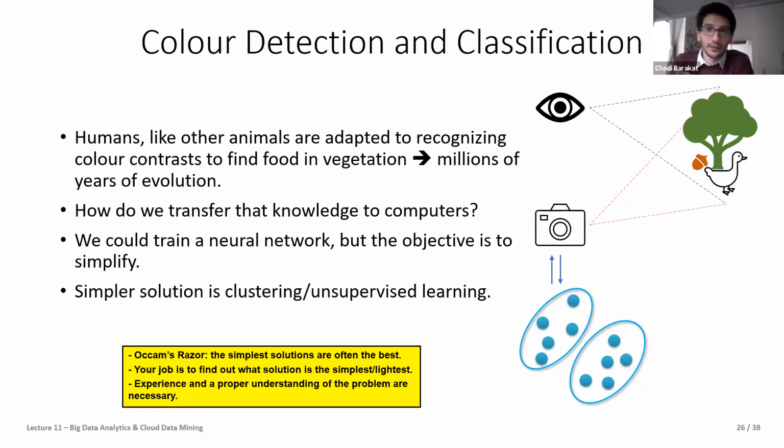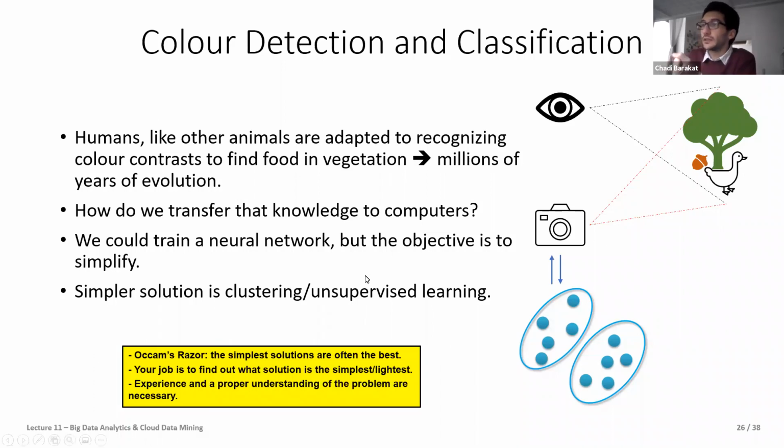For us, it's easy to tell colors because, again, evolution. But for a computer, you have to find a way. Do you go with deep learning, or do you go with a less costly approach that you can maybe do locally? In our case, we went for the less costly approach because they would have the same benefits in the end, but one of them is computationally expensive and the other is not. So Occam's razor, simple solution, often the best.